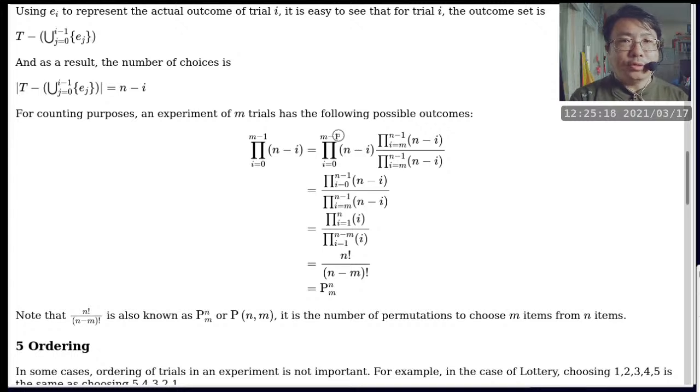So that allows me to combine the standalone pi with the numerator pi, because this i goes from 0 to m minus 1, and then this i over here starts with m and goes to n minus 1. So it basically just continues the series of multiplication from the standalone term. So in the end, I end up with a bigger pi, and the bigger pi starts from 0 and ends at n minus 1.